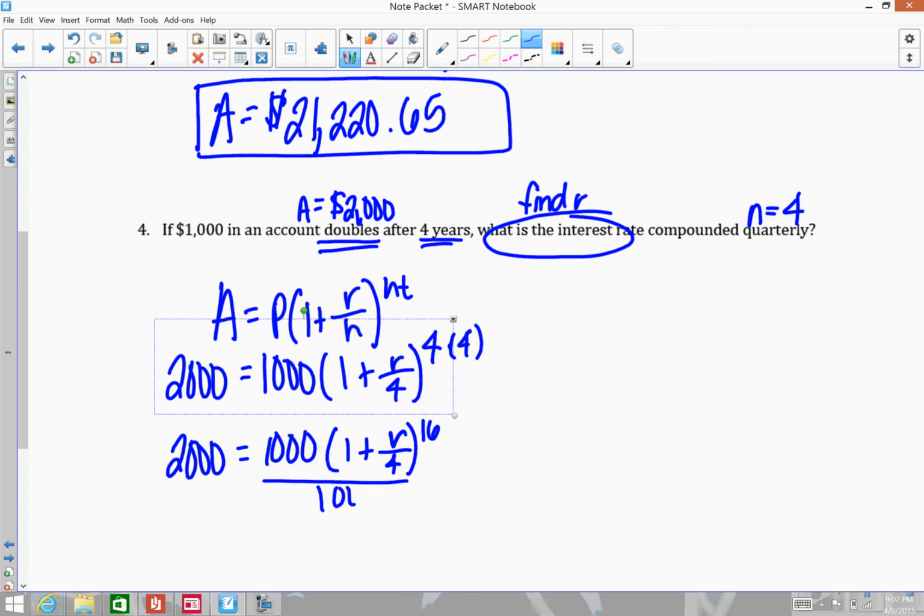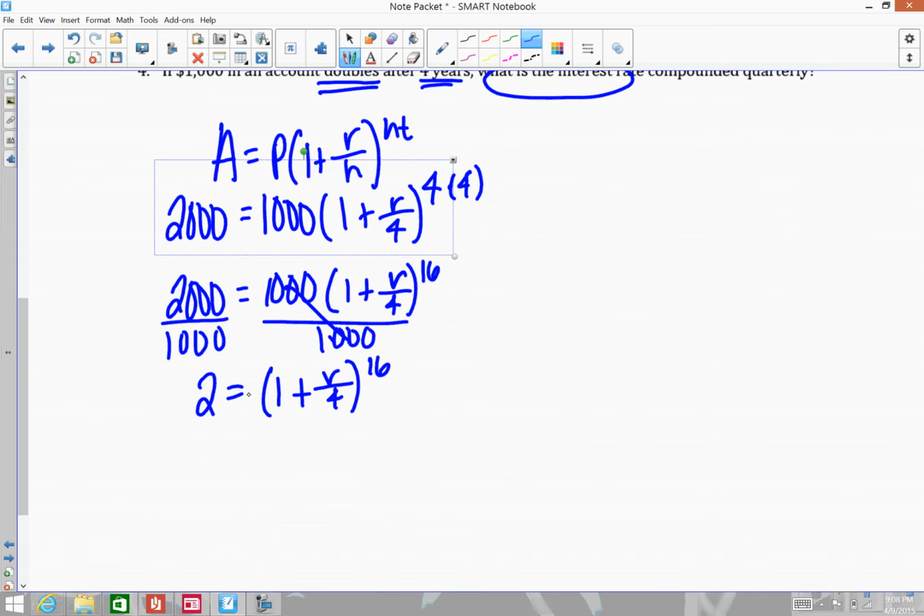Divide everything by 1,000 because I'm trying to simplify this. So I got to work to get R by itself, basically. So we get 2 equals 1 plus R over 4 to the 16. So I have to get R by itself. So what I'm going to do is I'm going to take the 16th root of each of these.